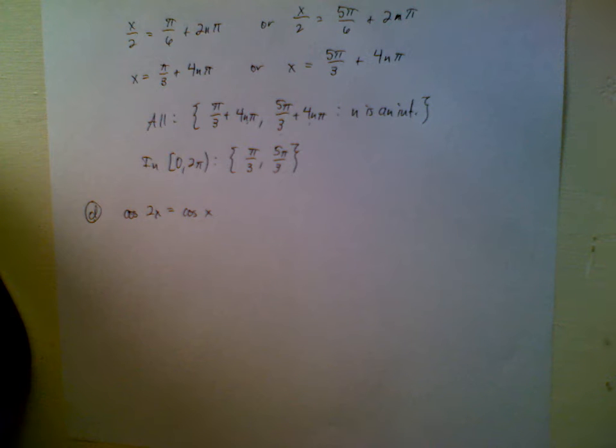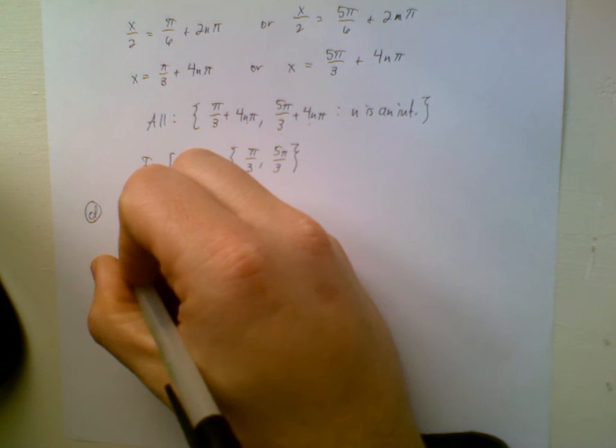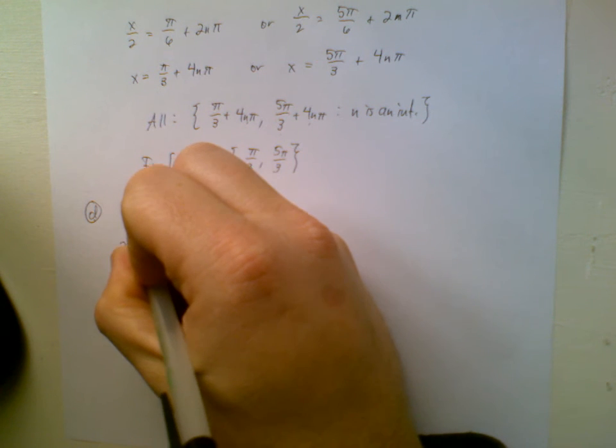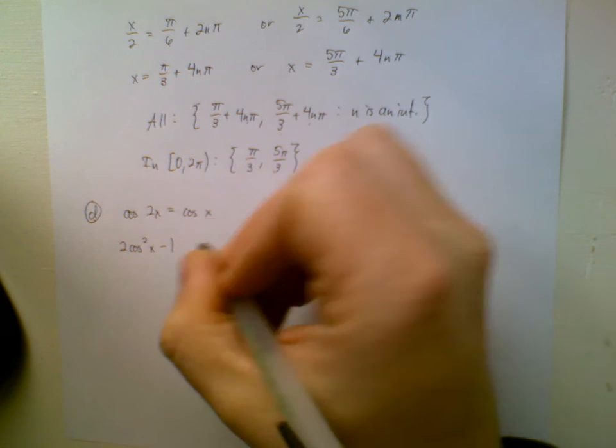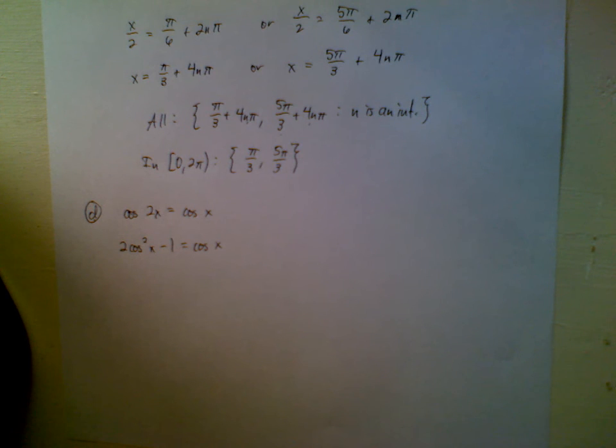I think we have more luck with the second approach because we have all kinds of identities for cosine 2x, and one of those double angle identities utilizes cosine x. It says cosine 2x is the same thing as 2 cosine squared x minus 1.